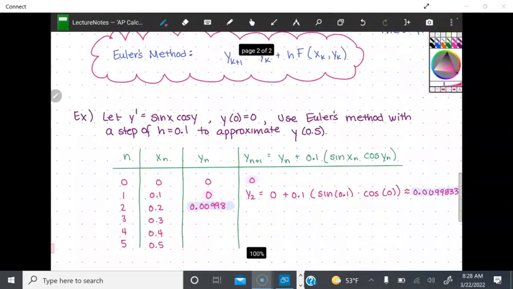So when I go into my next line, luckily x is easy. x just goes up by 0.1, so x is now 0.2. So y sub 3 is 0.009, I'm just going to put that, plus 0.1 times sine of 0.2 now, cosine of 0.009, but I'm not going to use 0.009 on my calculator.